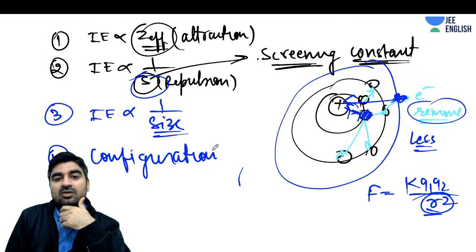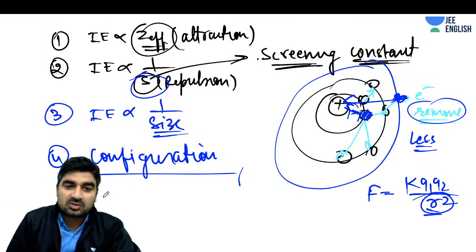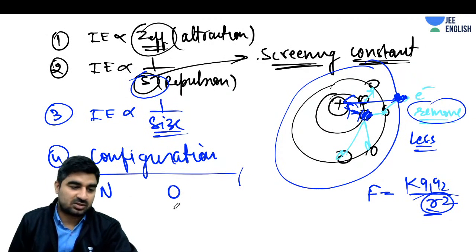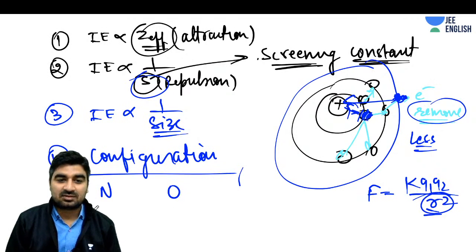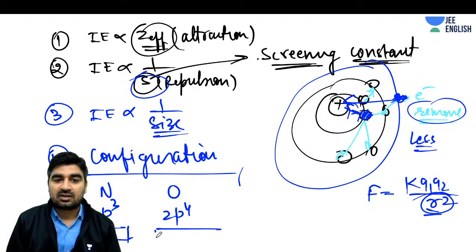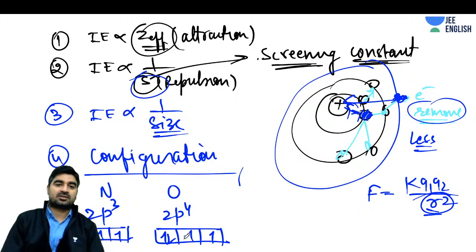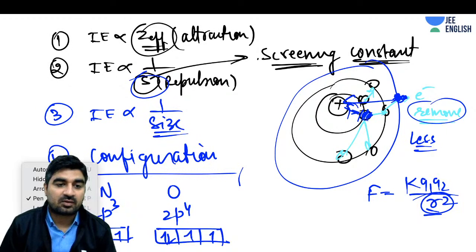And the next point is configuration. What do we mean by configuration? Suppose I am taking nitrogen and oxygen. The configuration of nitrogen is 2p3 and oxygen is 2p4. So nitrogen's configuration is exactly half filled, while oxygen has 4 electrons: 1, 2, 3, and 4.